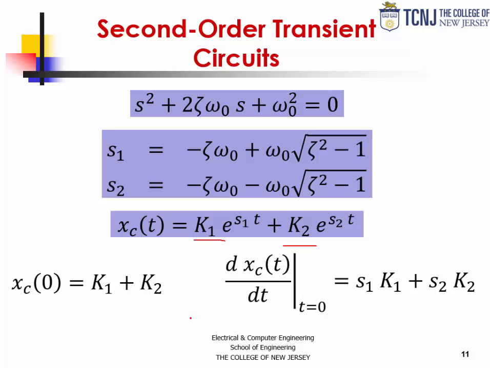So we have two equations and two unknowns, and that will allow us to find the actual values of k1 and k2.